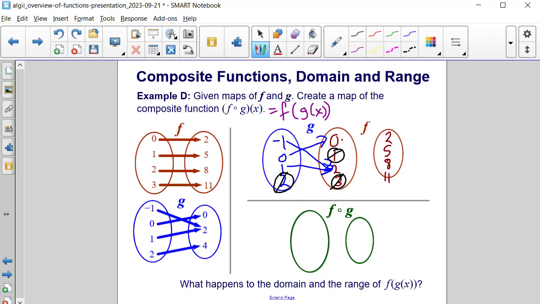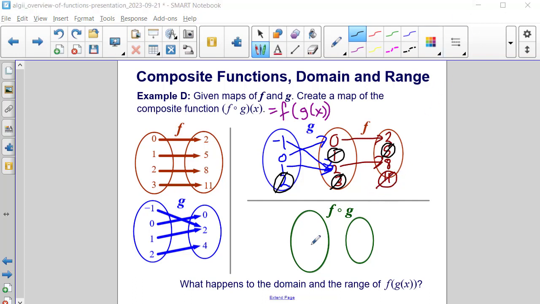Now 0 maps to 2. There is no 1 that maps to 5, so we can cross out the 5 here. The 2 goes to 8, and the 3 is no longer used, so it cannot map to 11.